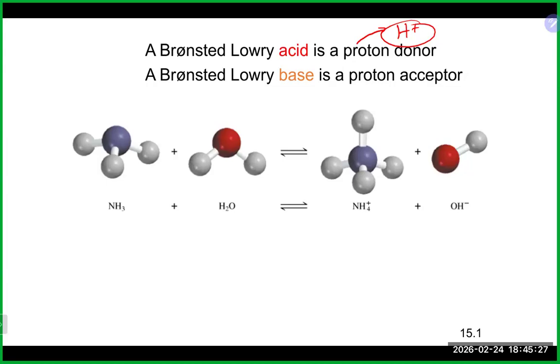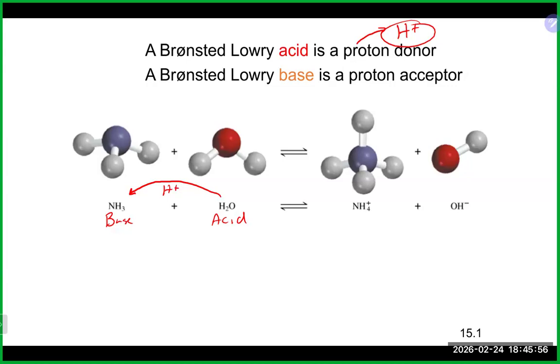A proton donor is something that will give away an H plus. A Bronsted Lowry base is somebody that will accept an H plus. And in this particular case, our ammonia is our base, and believe it or not, water is our acid. Water is going to donate an H plus over to the NH3, and that's going to make the NH3 the base that's going to accept that.